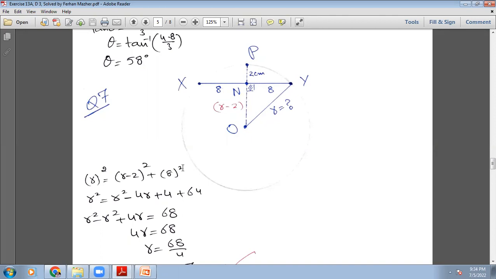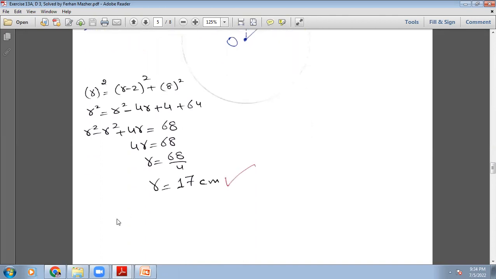So I can easily find this. Apply Pythagoras here. Hypotenuse: R square will be equal to (R minus 2) whole square plus 8 square. This will be opened with the identity: (A minus B) whole square is equal to A square minus 2AB plus B square. So it will be R square minus 4R plus 4, and this will be plus 64.